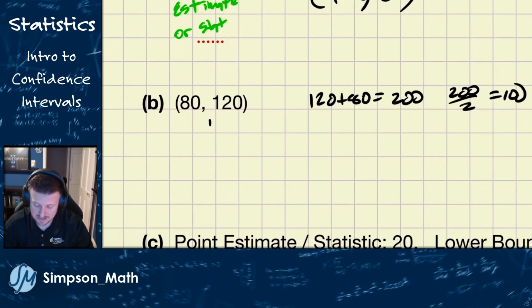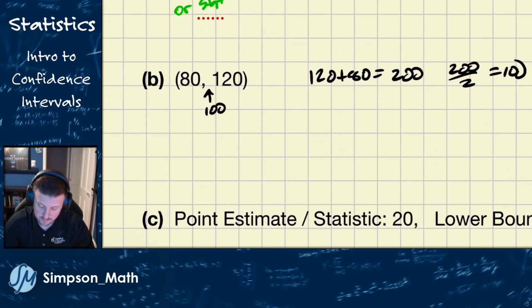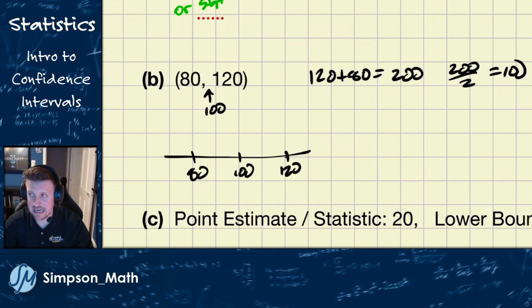So I know that the number smack dab in the middle of this is 100. Or I can have a number line here: 80, 100, 120. So my stat, or the estimate, is that 100. And the distance between 100 and 120 is 20. So the other way to write this confidence interval is my estimate, 100, plus or minus my margin of error, which is 20.